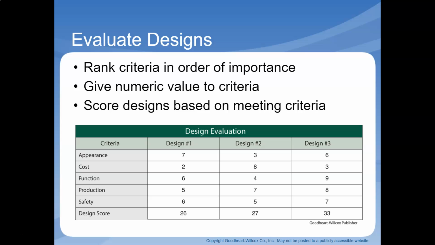On the cost side, the fact that it's rated as a 2, it's probably the most expensive, probably because with the appearance, they did some things that cost more to design, like rounded curves and particular finishes for the metal or something, depending on what it is. And then you move on to function, how easy it is to produce, and then the safety. From there, they add them all up and you get a score. And from the scores, you can see that design number 3 ranks the highest.